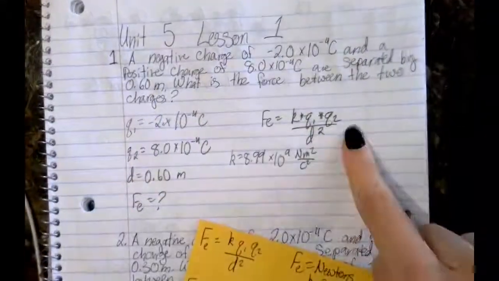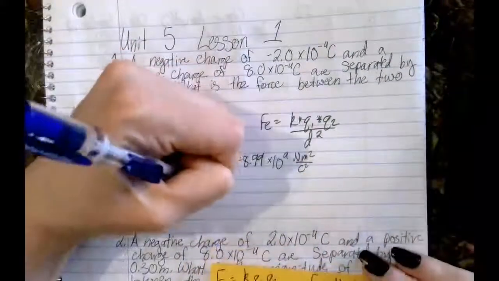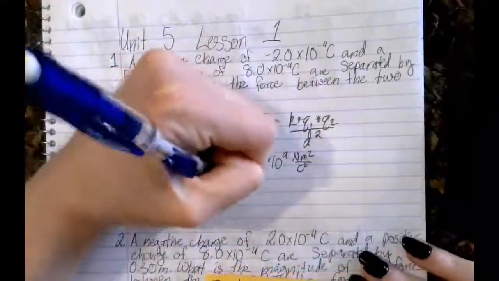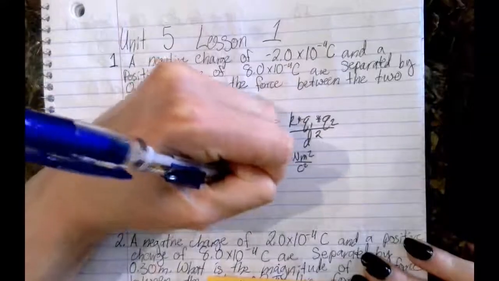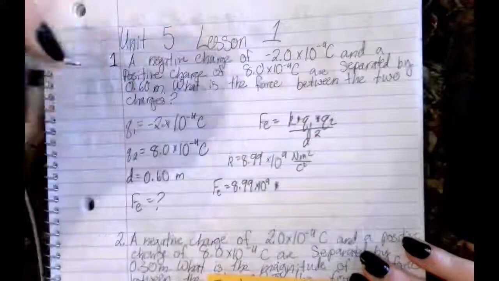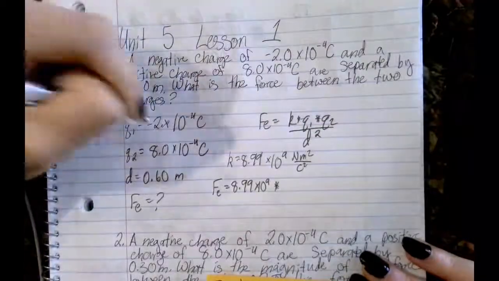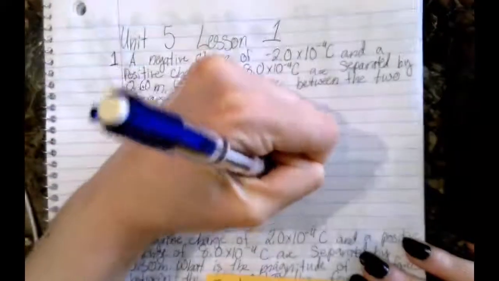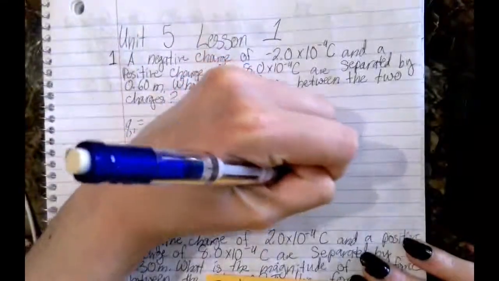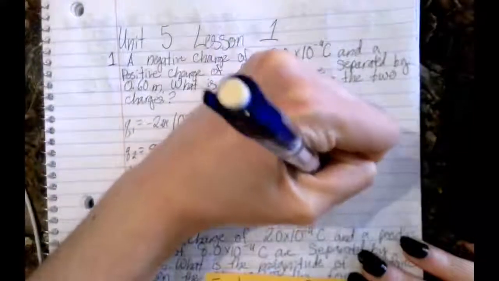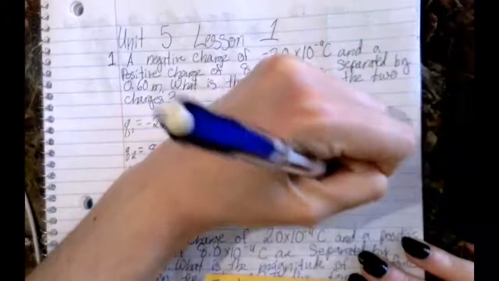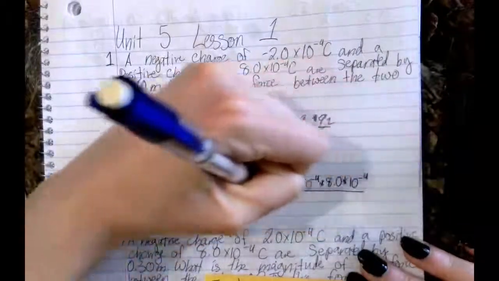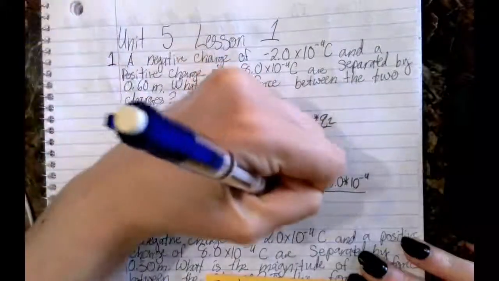So I'm going to use this formula and this value. We're going to plug in what we know. We've got Fe equals 8.99 times 10 to the 9th times negative 2.0 times 10 to the negative 4 times 8.0 times 10 to the negative 4. And that's being divided by 0.60 squared.